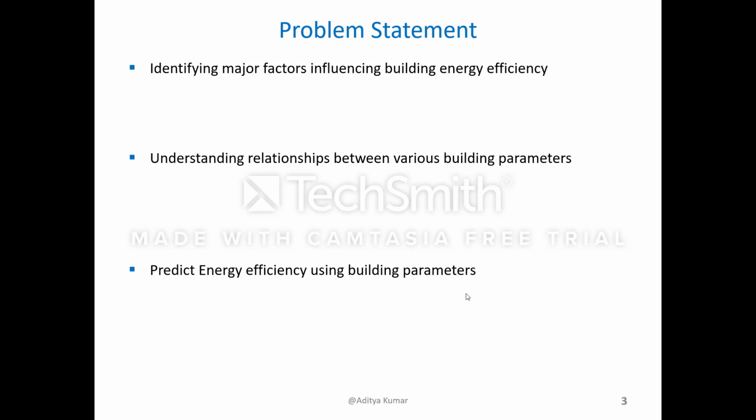Secondly, what are the relationships between these various building parameters? How do they vary with energy efficiency? And thirdly, can we build models using these parameters to predict the energy efficiency of a building?